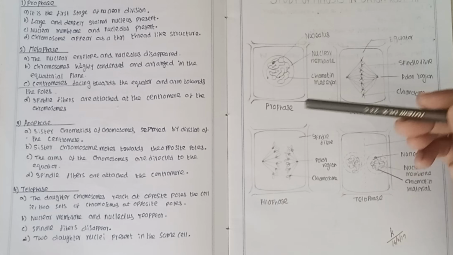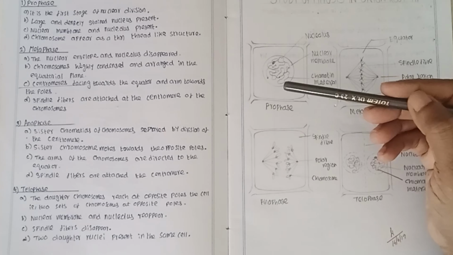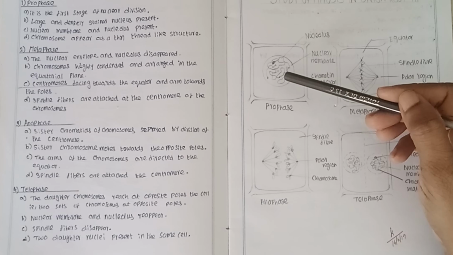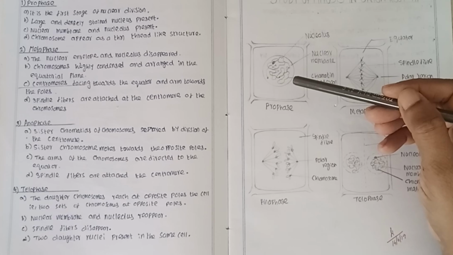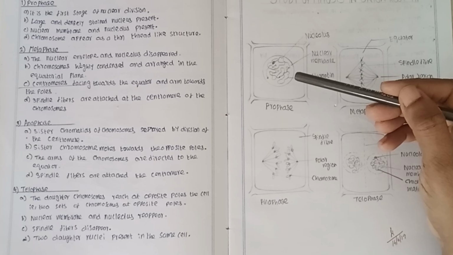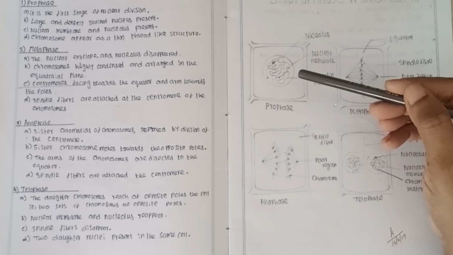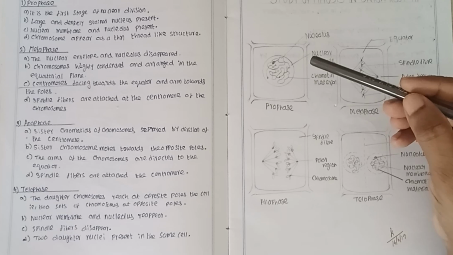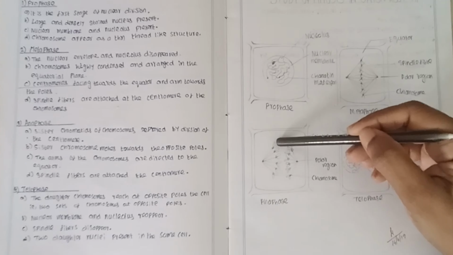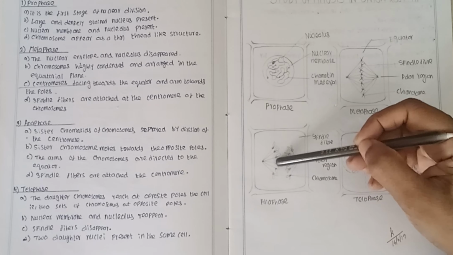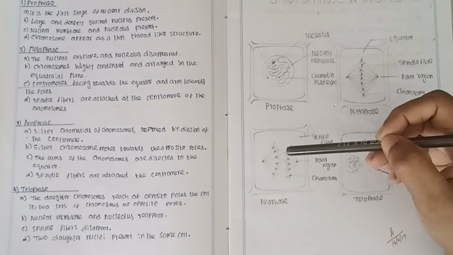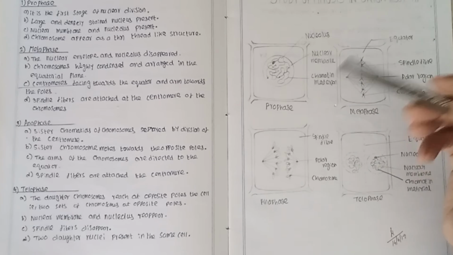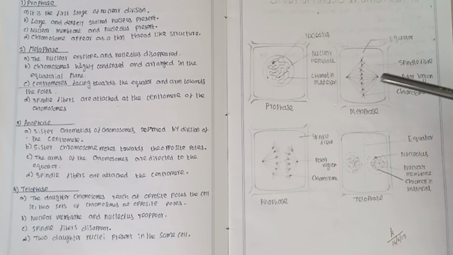In middle prophase, chromosome condensation is complete and they become short and thick. Each chromosome is made up of two chromatids, the arm portions, held together at their centromere, the middle portion.